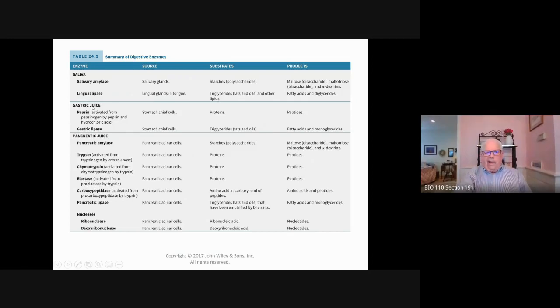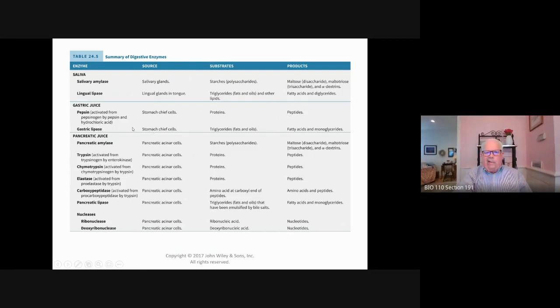In the stomach, pepsin, which is activated from pepsinogen by hydrochloric acid, comes from the chief cells. Pepsin degrades proteins into peptides.